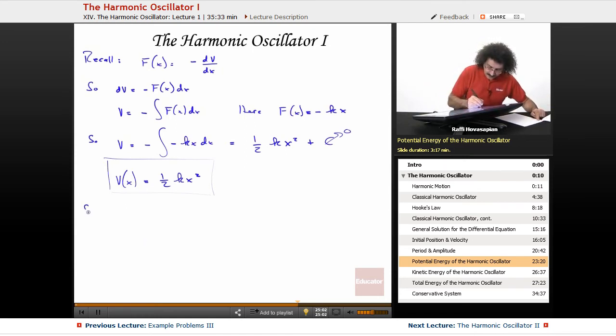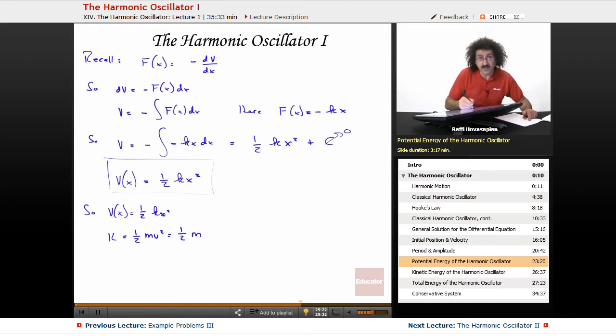So we have our V of x is equal to 1/2 kx squared. That's nice. Well, our kinetic energy, we know the kinetic energy is equal to 1/2 the mass times the velocity squared. Well, velocity is just the derivative of x, dx/dt, so I'm just going to go ahead and call it x prime squared.